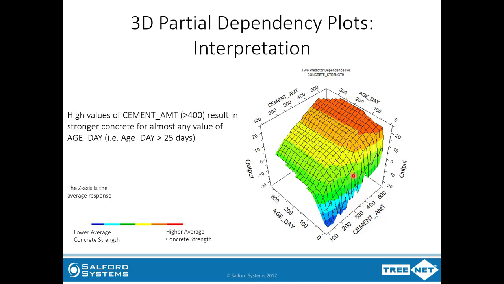So if you come up here, then you find yourself in this yellow and dark yellow portion of the surface here. And so as you move along, especially when you increase the cement amount, then your concrete strength will be higher. And so just keep this color coding in mind here. When you're in the blue, you're at a lower average concrete strength, and when you're in the red, you're at a higher average concrete strength.